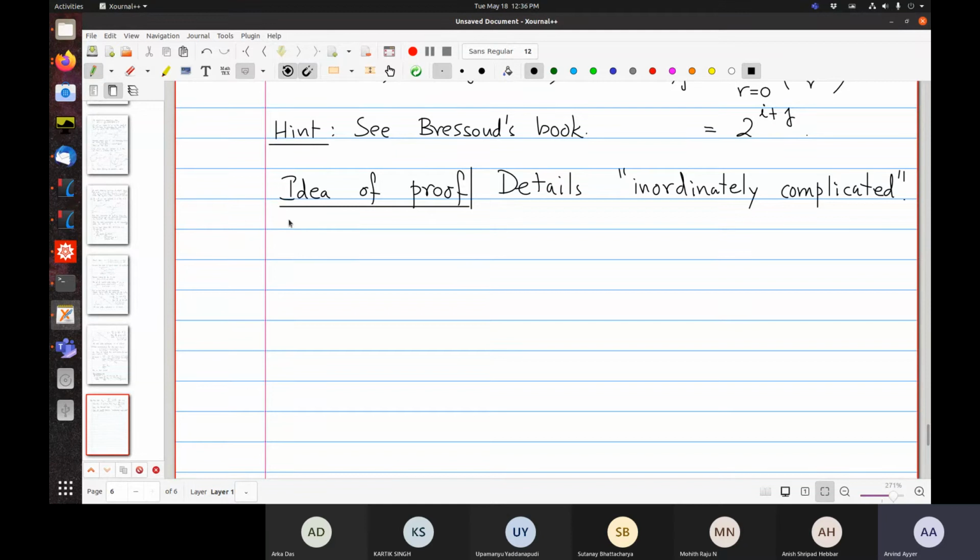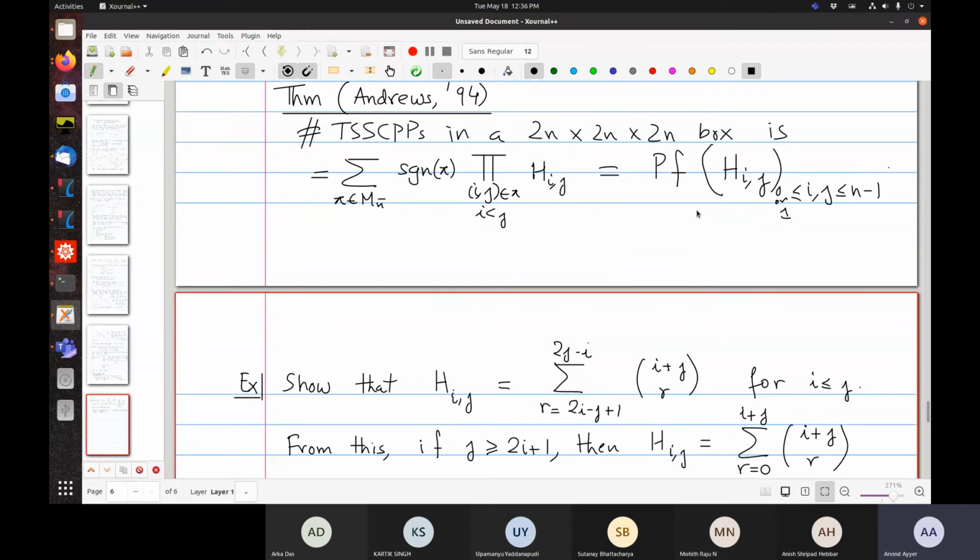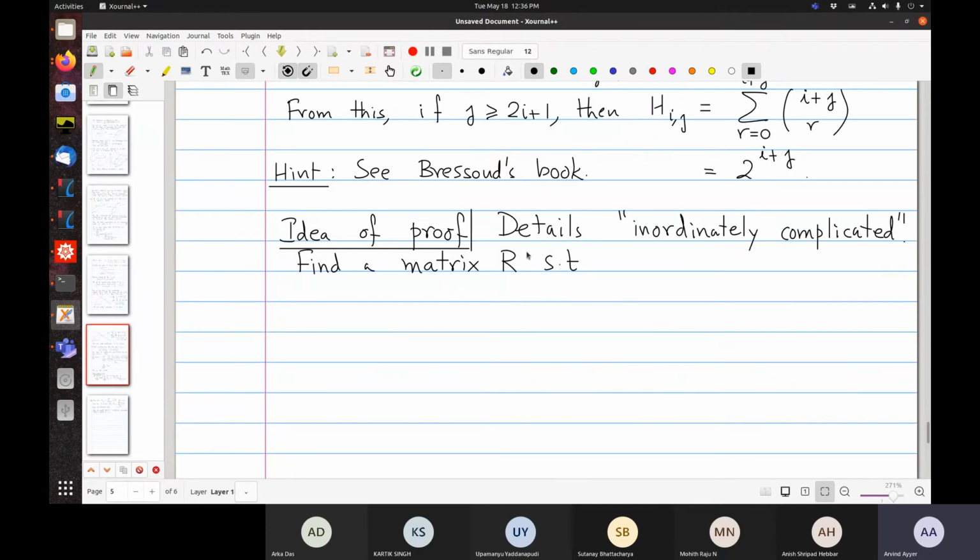Very simple, which is to find a matrix R such that this matrix, if I call it H, such that H times R is lower triangular.